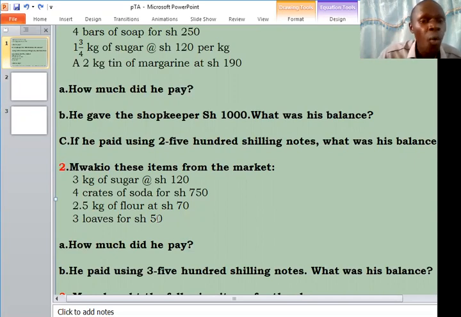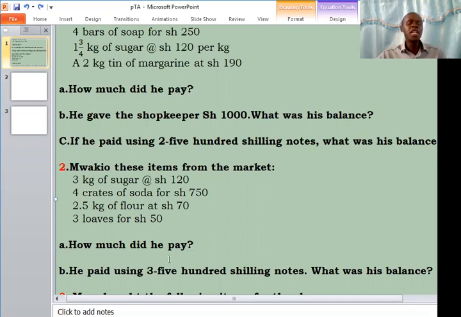You answer what the examiner has given you. So, are we going to multiply 3 by 50? No. Why? The term used here is "for", and "for" means all at. That means all the 3 loaves were bought at 50 shillings.